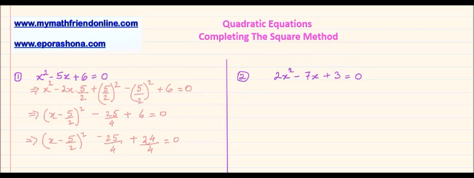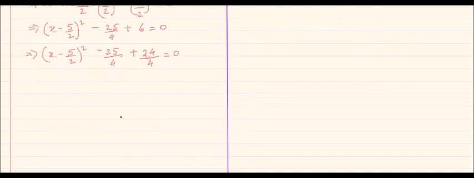Right? Now this part is kept as it is, (x minus 5/2)². Now minus 25 by 4 plus 24 by 4. So it is obviously minus 1 by 4 equal to 0.